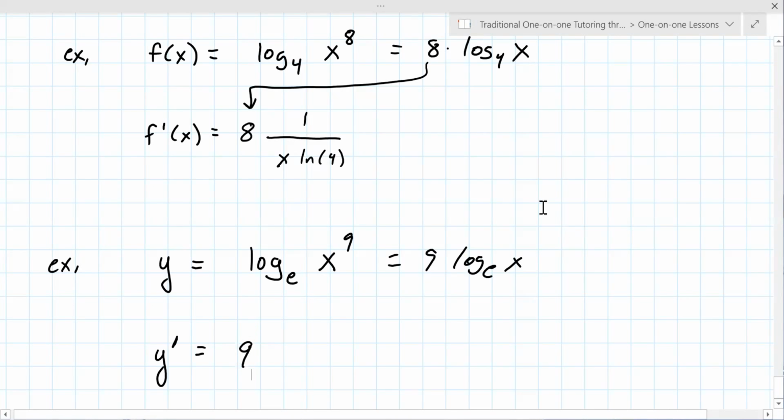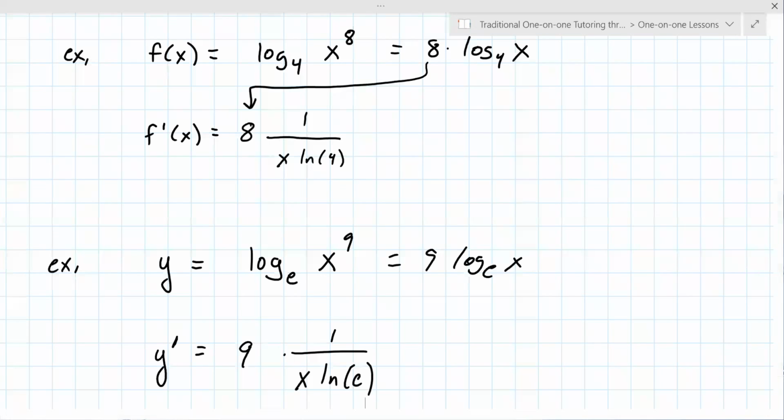Then 1 over x ln e. What is the natural log of e? That's 1. Okay, so this becomes 9 over x.